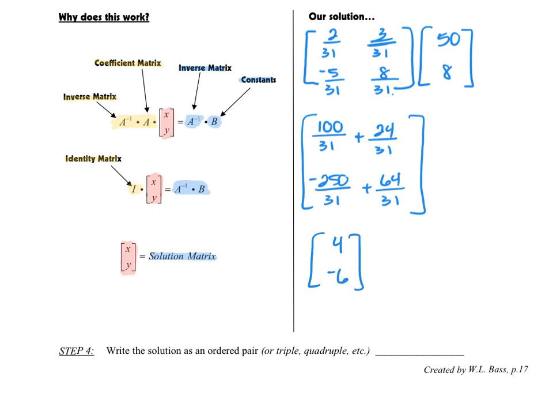So what we're saying is that our 4 and our -6 equals our x and our y. So now we can easily read our solution as 4, -6. And I would suspect that a lot of you would prefer this method over the row operation method that we used in our last lesson.